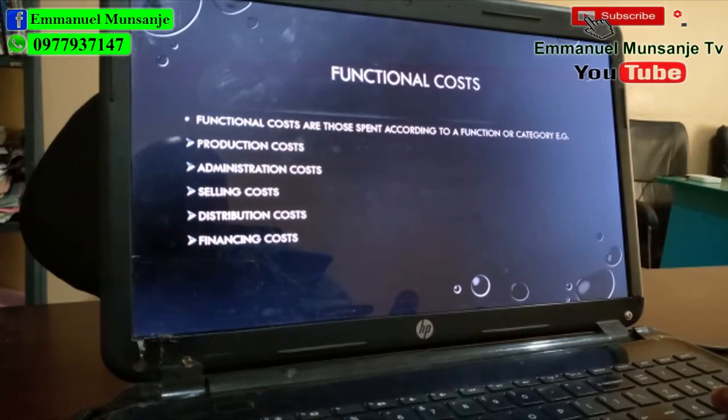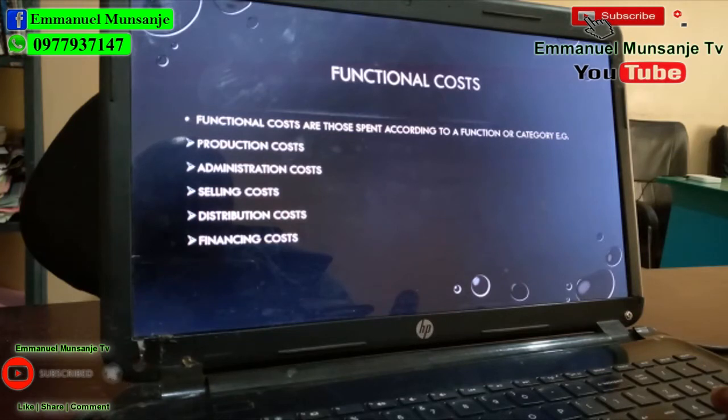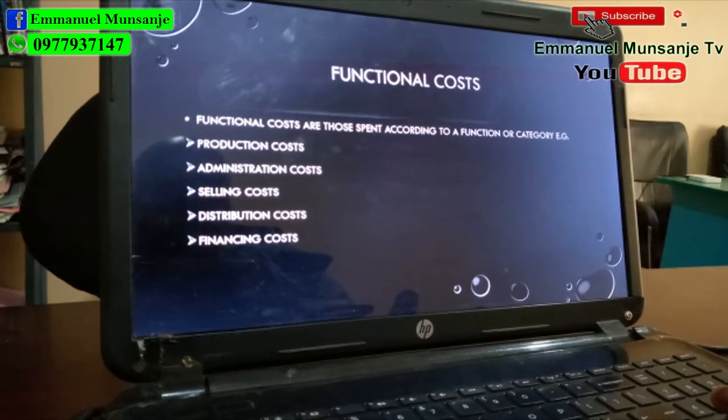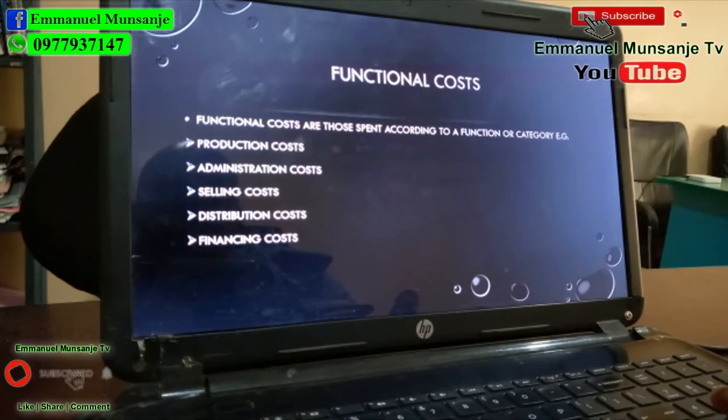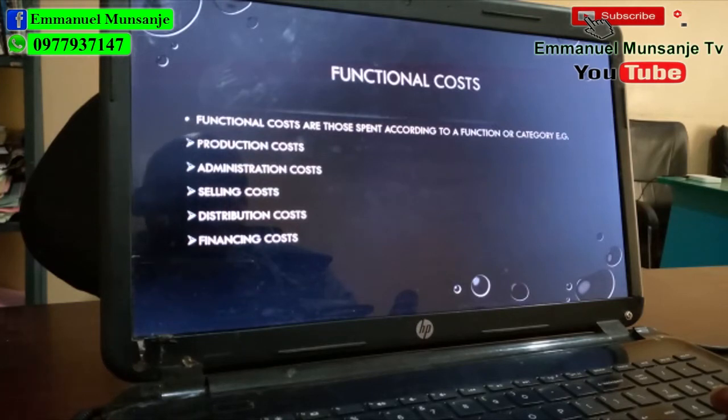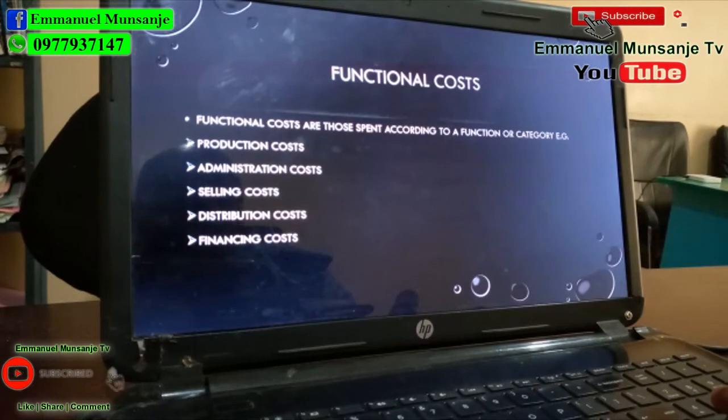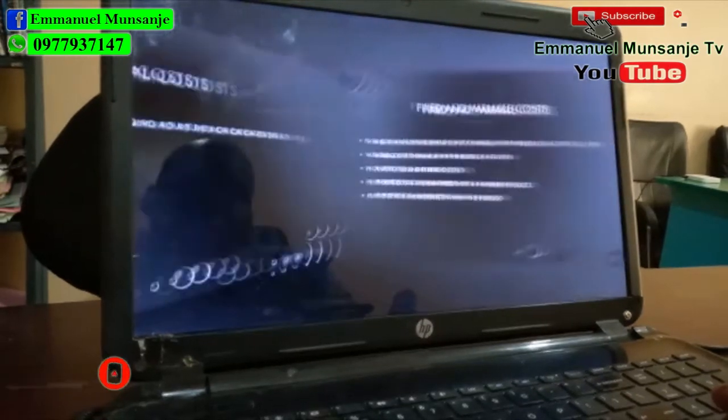Selling costs: as you are selling your product, what you spend could be categorized as selling cost. Distribution cost: when you have a product, you need to distribute it to various centers for sale, and any expenses in the distribution process are called distribution cost. Then financing cost: the function is financing. For example, you got a loan and you are servicing it. The rentals could be categorized as financing cost.